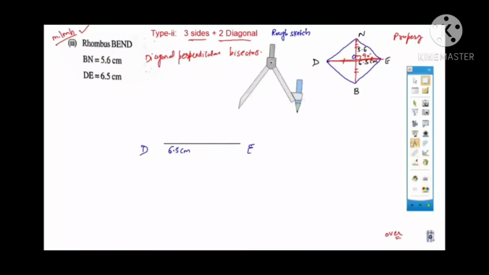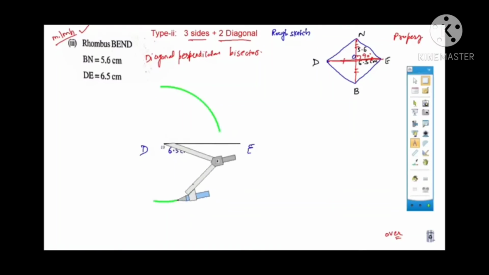Now again take a compass and measure it more than half. Okay, you already know how to measure more than half. This is less than half, this is more than half. Is it? Now take it more than half and draw 2 arcs, upside and downside with the same measurement. Okay, upside and downside. Again with another point with D we have drawn.